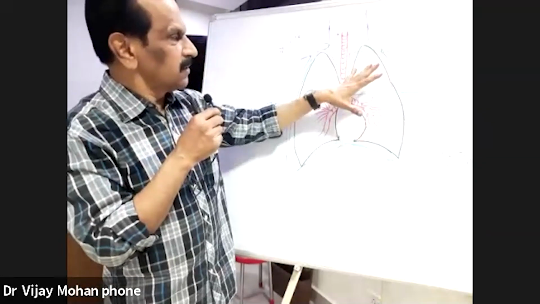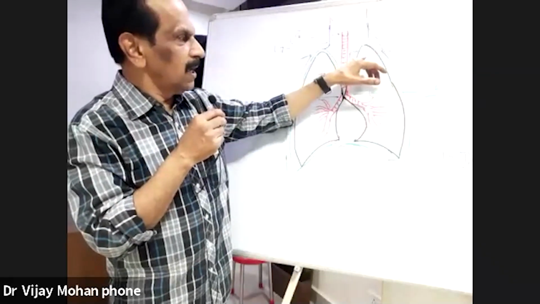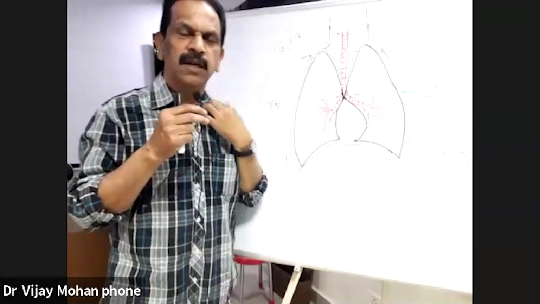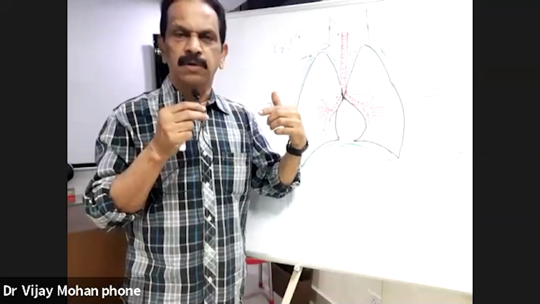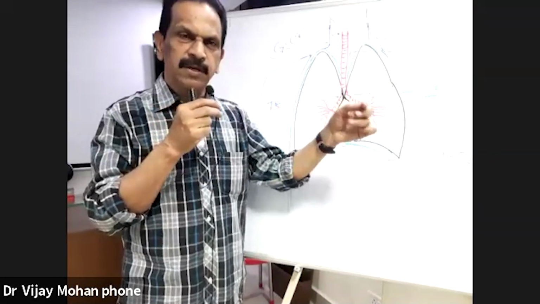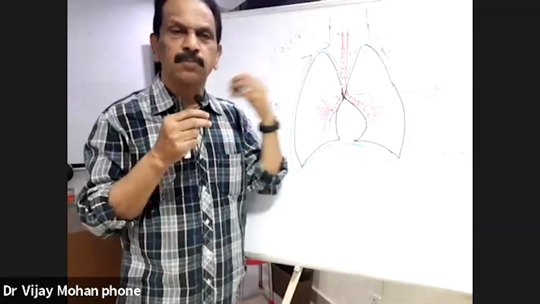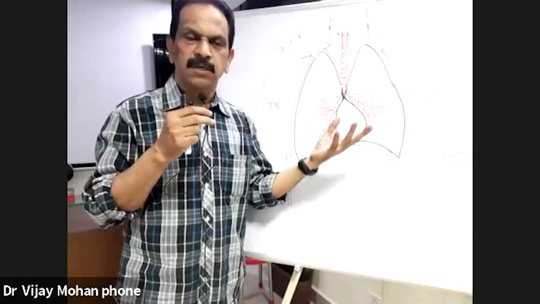And coming to the lungs, these are the clavicles. The lungs extend just 1 inch above the clavicle. We think that clavicle is the uppermost part. No, the lung extends into the supraclavicular fossa, half inch. That's why many times supraclavicular fossa is a very important part you have to auscultate in the respiratory system exam.